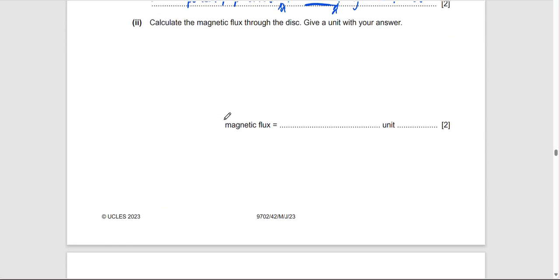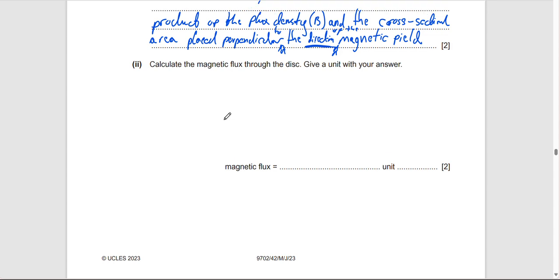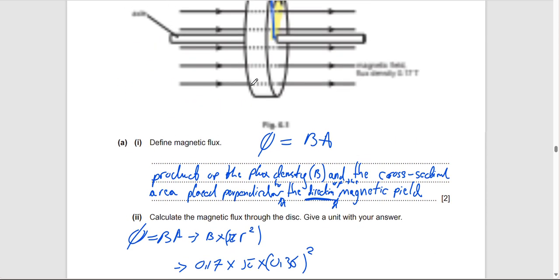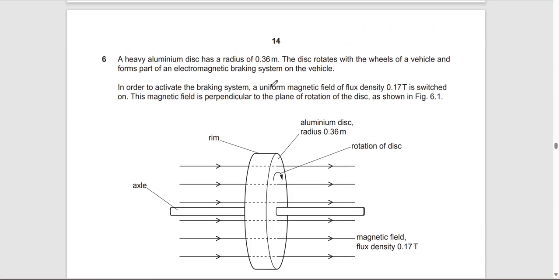All right. Next question. Calculate the magnetic flux through the disk. We're going to employ our formula: phi equal to BA, which is equal to B multiplied by pi r squared. We have our given magnetic flux density, times pi, times the radius of the disk squared, and just verify with the data.